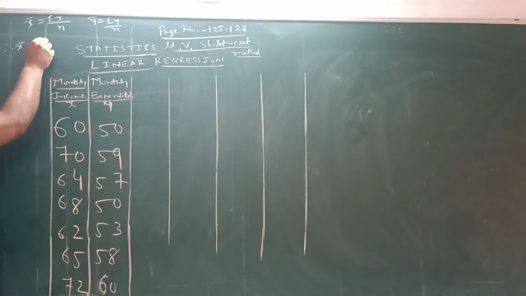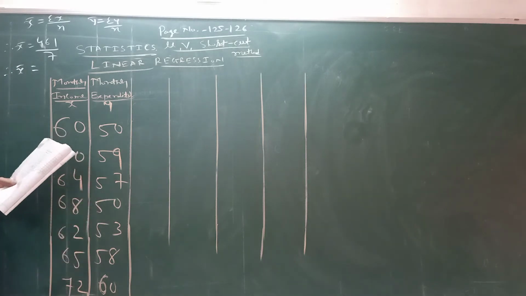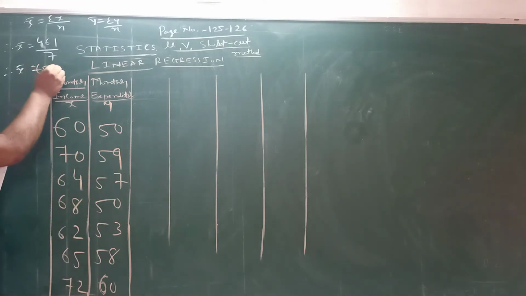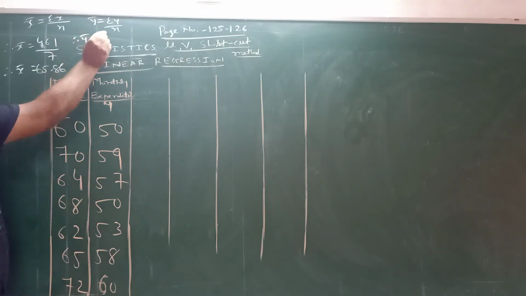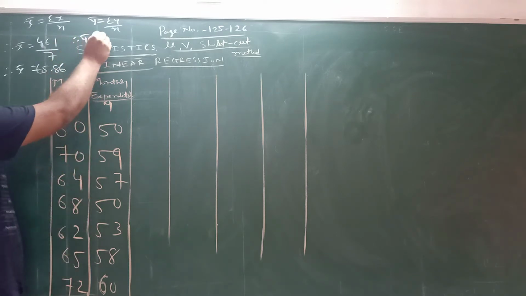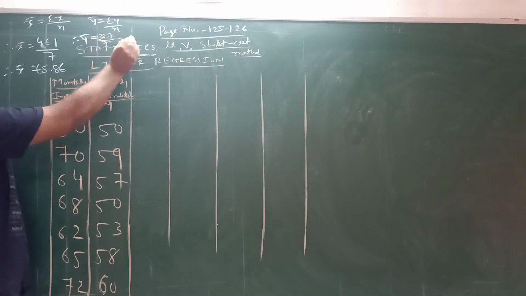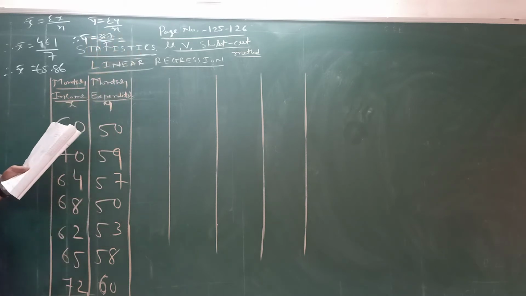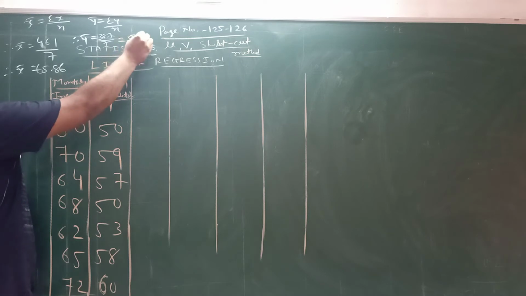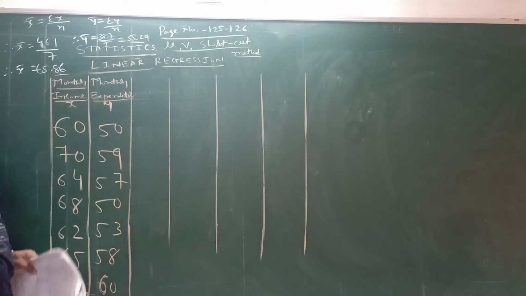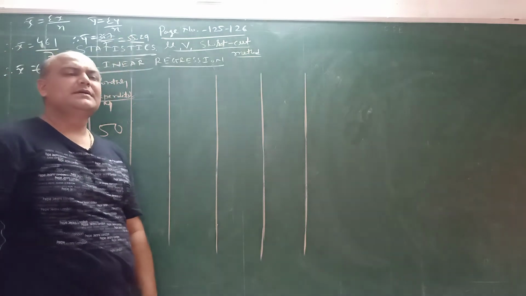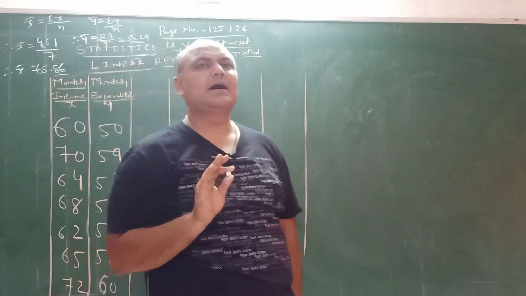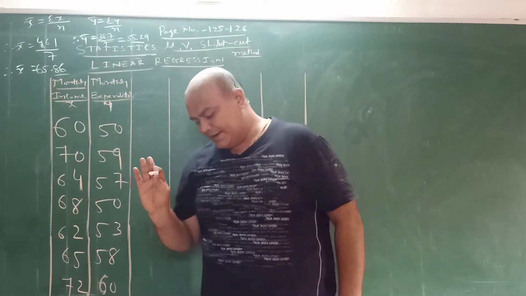So 461 divided by 7, because 7 observations are there, the answer comes 65.86. And Y bar is sigma y, 387 divided by 7, the answer comes 55.29. See, my dear friends, both X bar and Y bar are in fraction, in point.